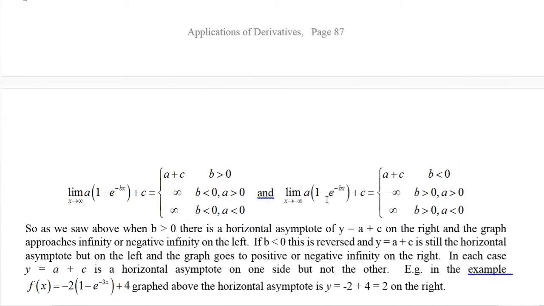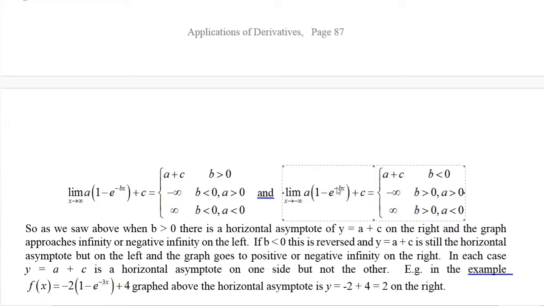And similarly, we get the same sort of thing with x goes to minus infinity. It just changes the signs. When b is negative, that gives us negative, negative, negative. Three negatives makes a negative power here. So basically, it's going to e to the minus infinity. So it has that form, which is approaching 0.